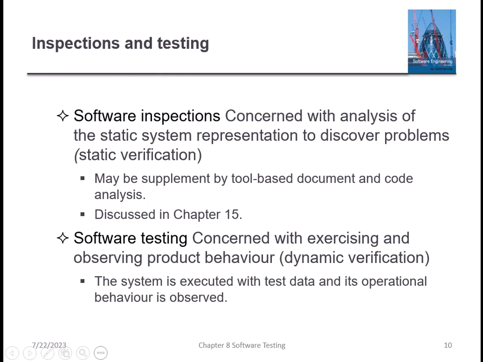It may be supplemented by tool-based document and code analysis, which will be discussed in detail in the testing course. And software testing is concerned with exercising and observing product behavior, or we can say dynamic verification.